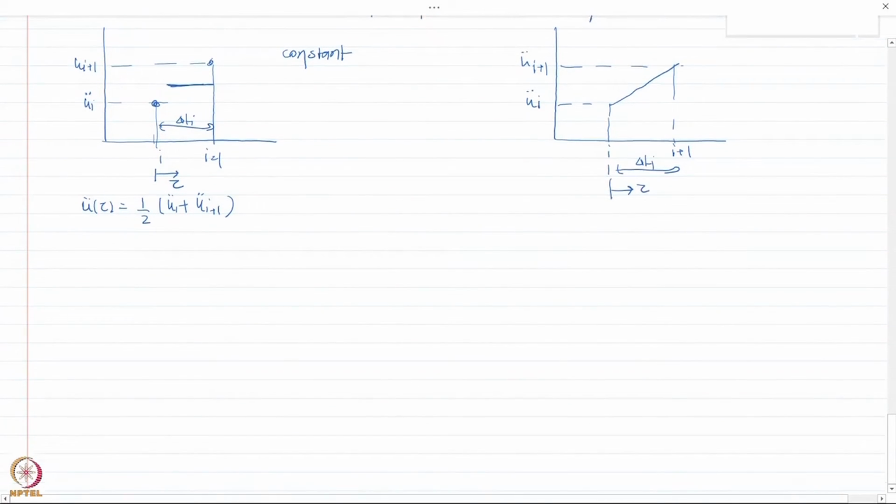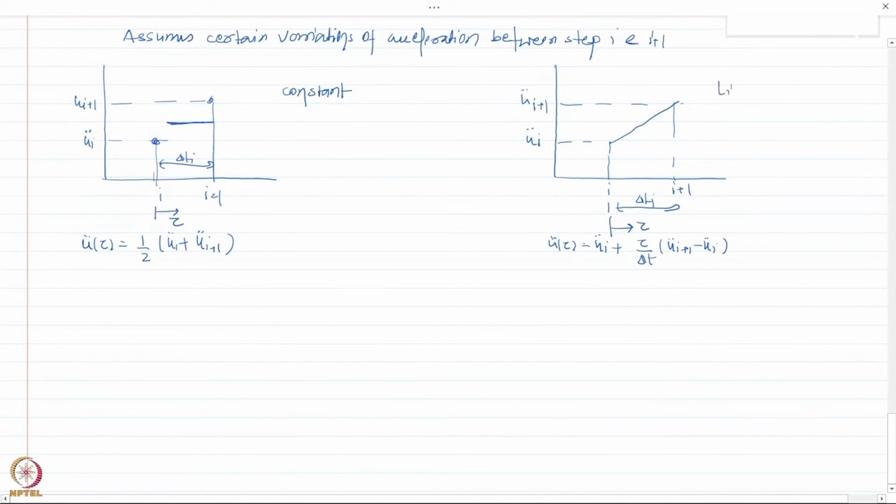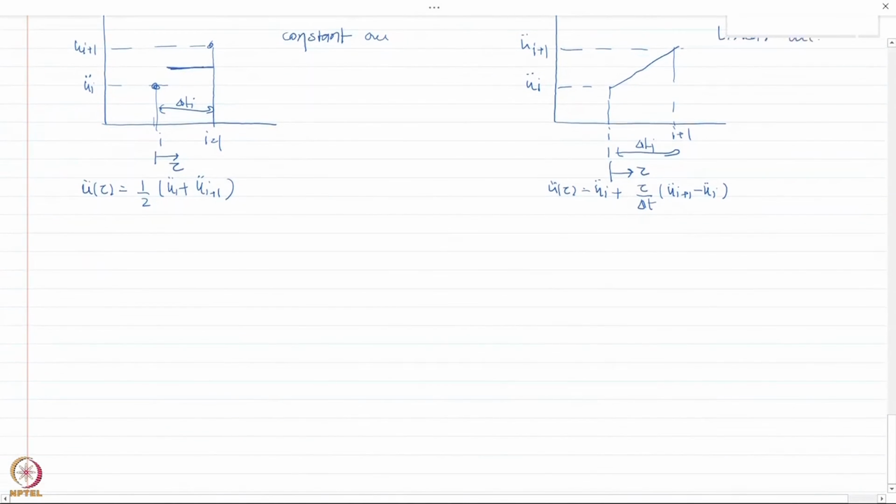So I will write my acceleration as ui double dot plus tau divided by delta t times ui plus 1 double dot minus ui double dot, which is basically a linear interpolation between these two values. So the acceleration varies linearly. This is called linear acceleration, and the earlier one is constant acceleration.